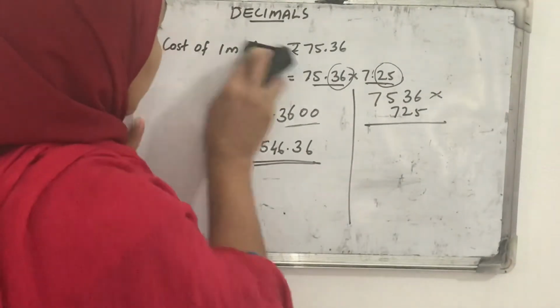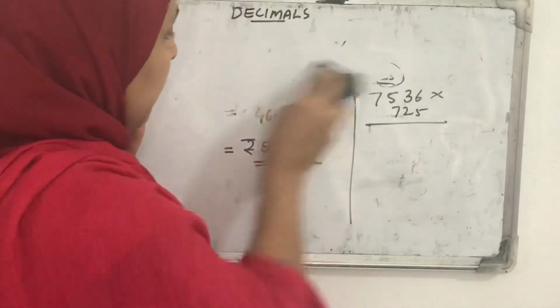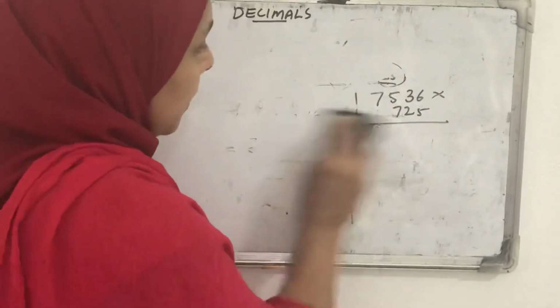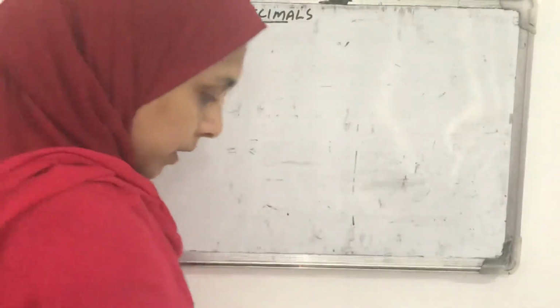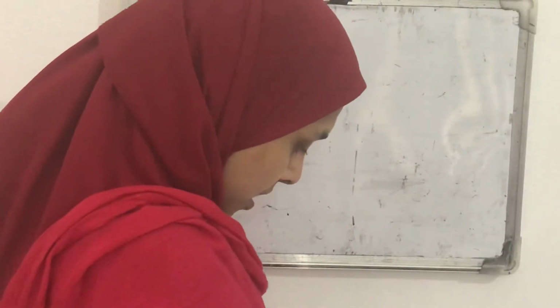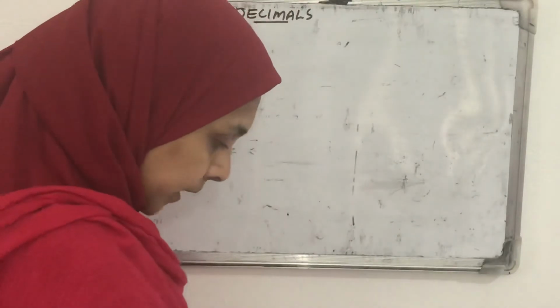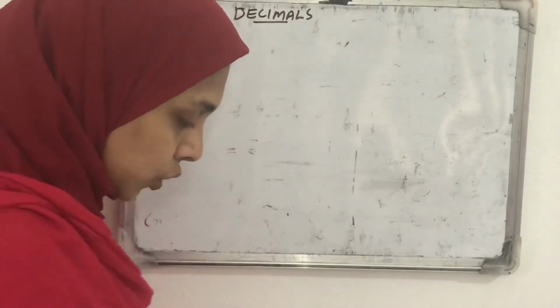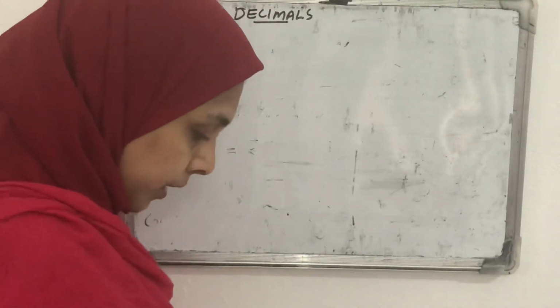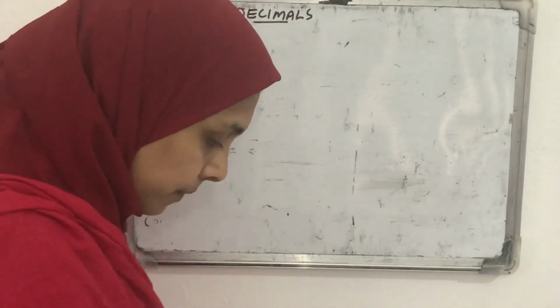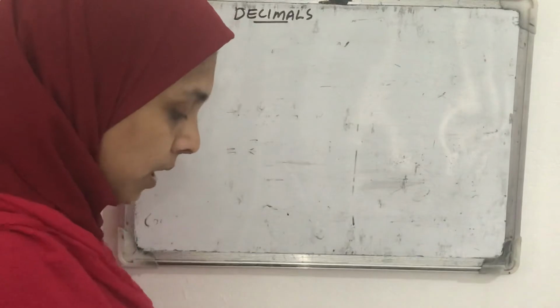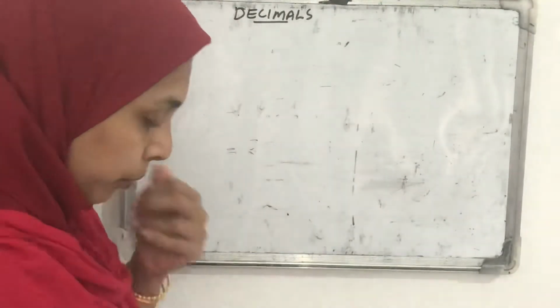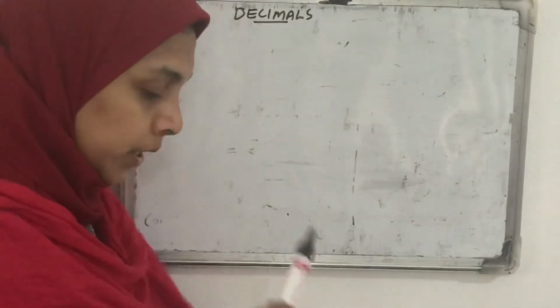Next question. All of you read the next question. Question number 9. Take question number 9 in the textbook. What is the question? Savitri's car gives an average of 10.5 kilometer per liter of fuel.